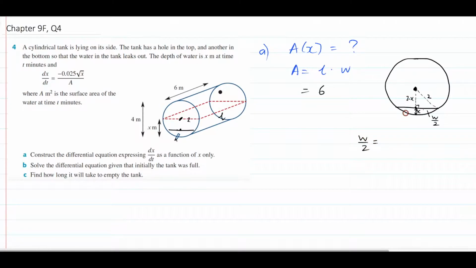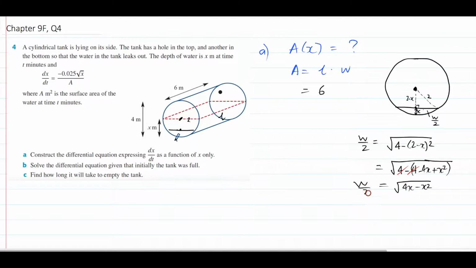W over 2. We use our Pythagoras. So we square root c squared minus a squared. So that's 4 minus (2 minus x) squared, okay? So we get square root of 4 minus, actually I'll put a bracket, so that's 4 minus (4 minus 4x plus x squared), and then we expand the bracket, 4 minus 4 cancels out, and then we get the square root of 4x minus x squared, okay?